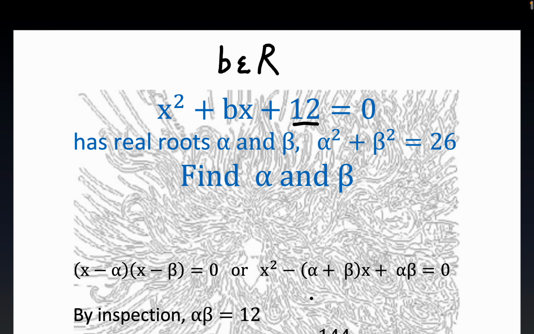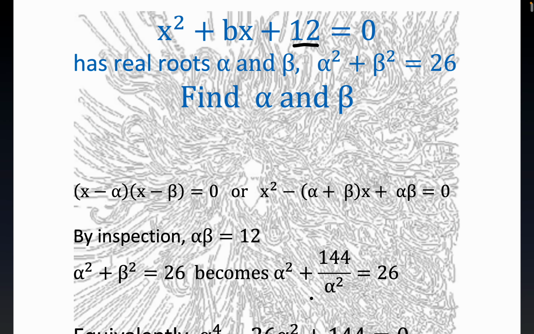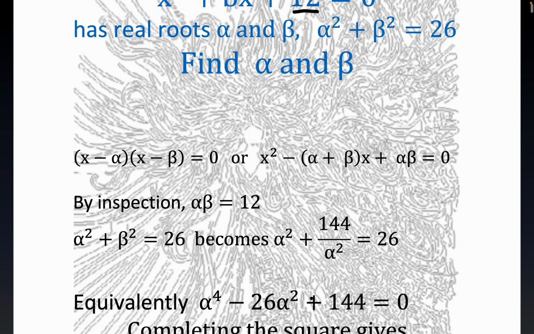Then we just use some fairly routine algebra. Alpha squared plus beta squared equals 26 becomes this with the substitution of beta, and you can substitute either way. It's symmetrical, but beta can be rewritten as 12 divided by alpha.